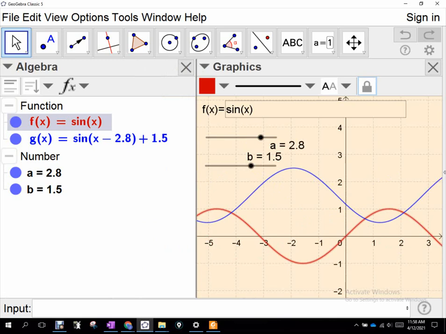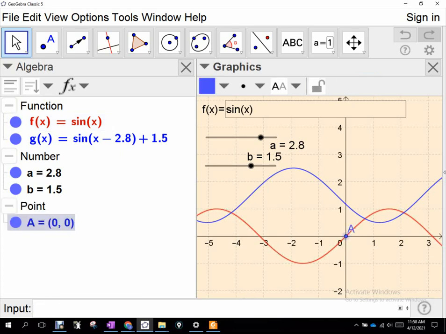We know this moved it right. Does that make sense? So look at the red one. Would you guys agree that 0, 0 is on that red curve? Okay. So that point 0, 0 is on that red curve. This tells me that 0, 0 gets moved to the right 2.8 units. So I'm going to take 0 as the x-coordinate.